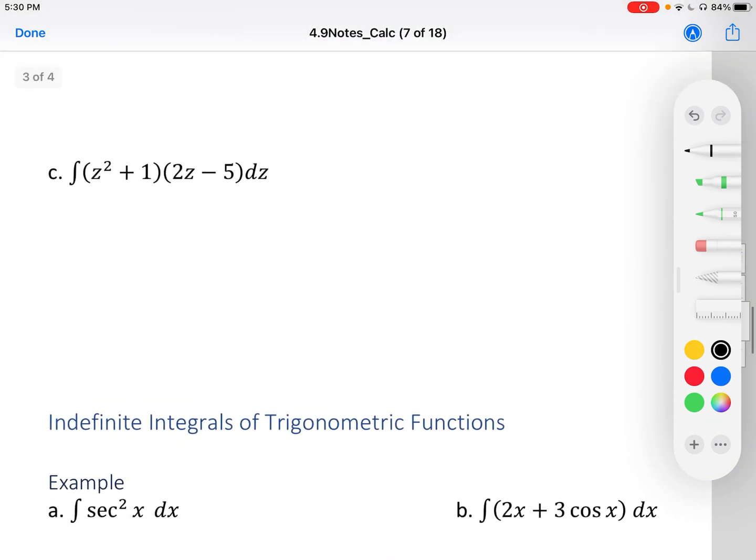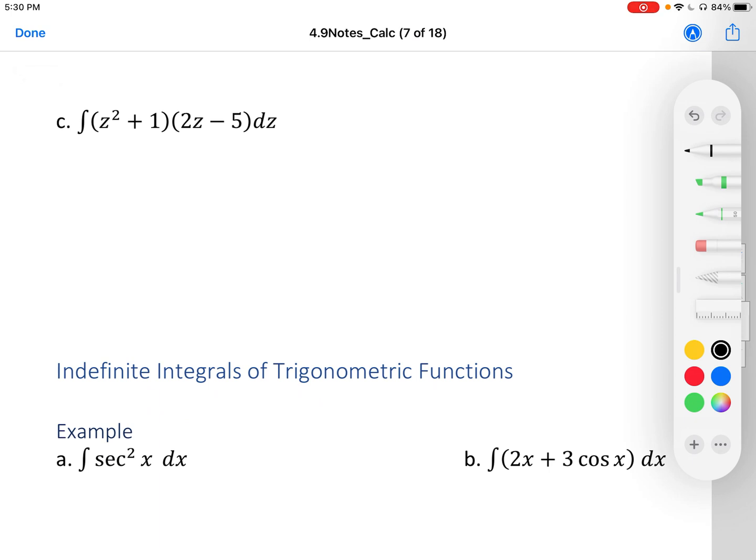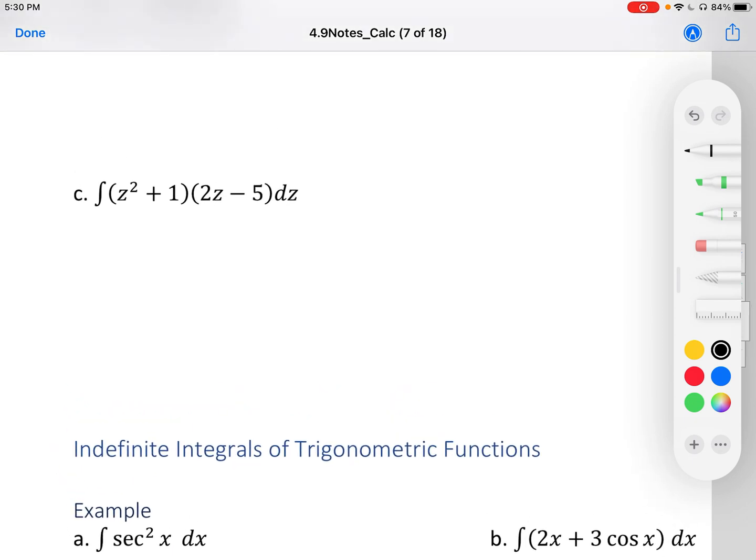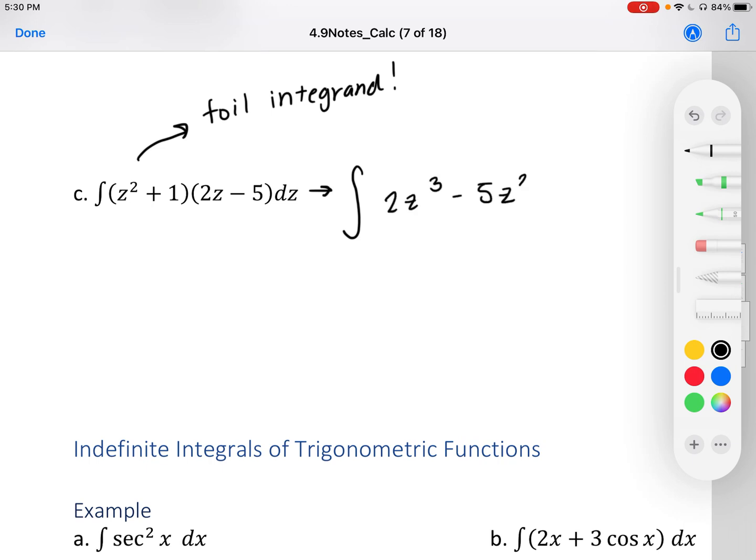Let's do one more. Now, when you have two products, the way to go about it is to FOIL the integrand, or expand. So if we do so, we have the integral of 2z cubed minus 5z squared plus 2z minus 5 dz.